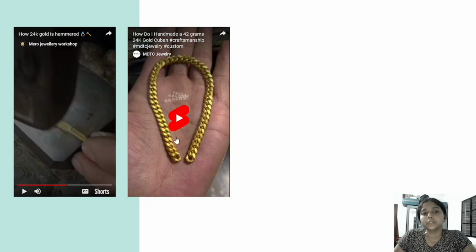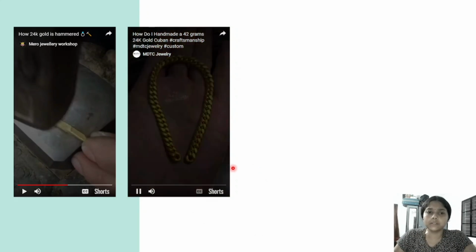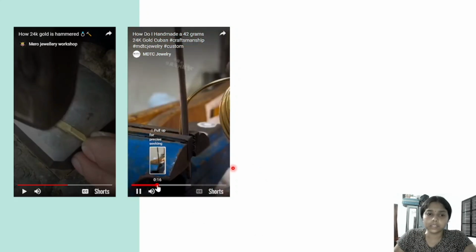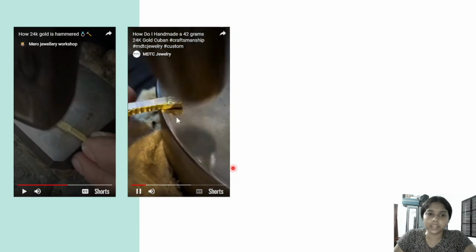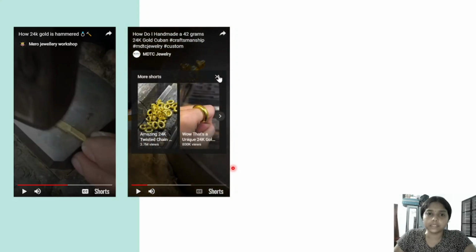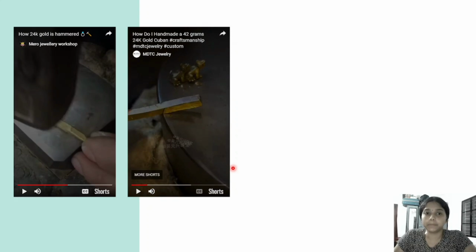Here, the metal is taken in a bowl, heated and melted, and made into a thin wire to make the chain, right? Also, wasn't it shining? Was the metal shiny? Yes, it is shiny in appearance.